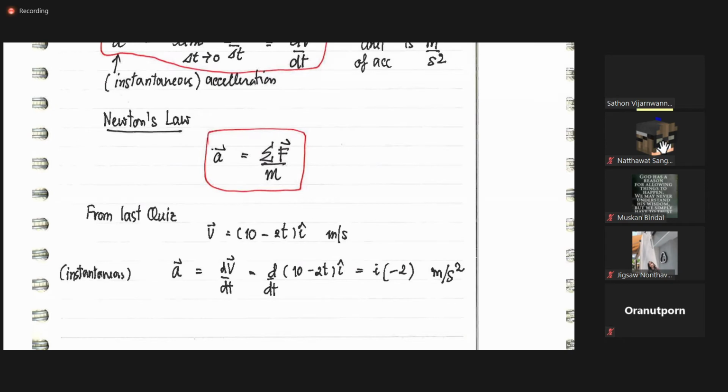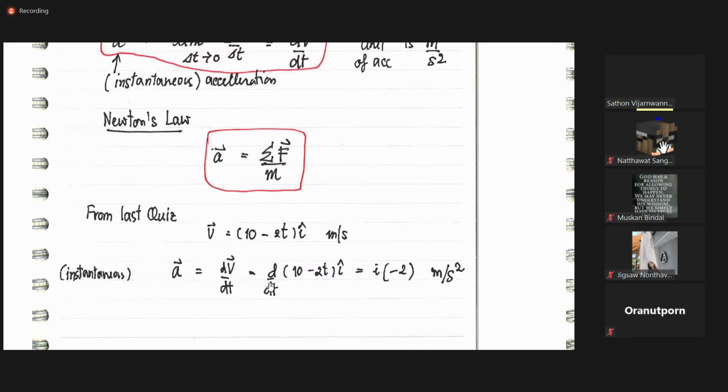So from the example or the quiz that we had a minute ago, the velocity is 10 minus 2t i meters per second. By definition, the acceleration is dv by dt. So d by dt of 10 minus 2t i gives you the acceleration of minus 2 meters per second squared in the i direction.